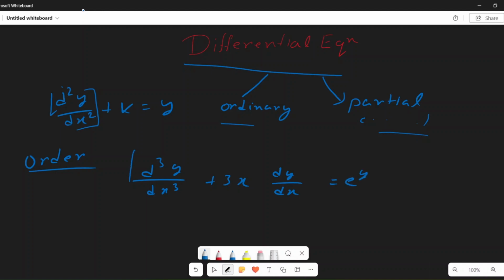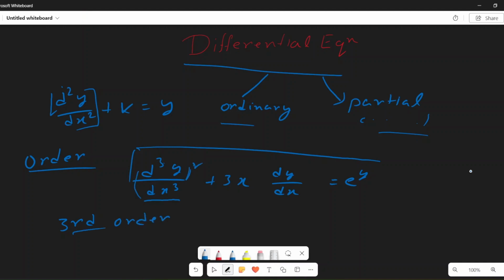Find the highest derivative of that equation. This is the third order derivative, so that equation is called a third order differential equation.